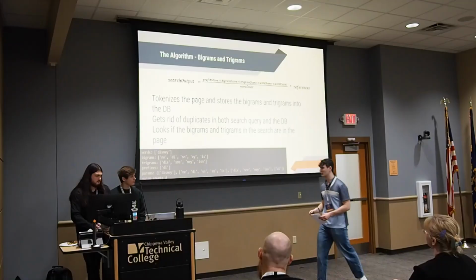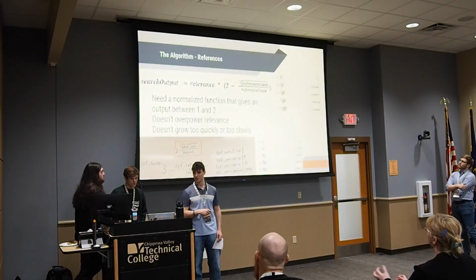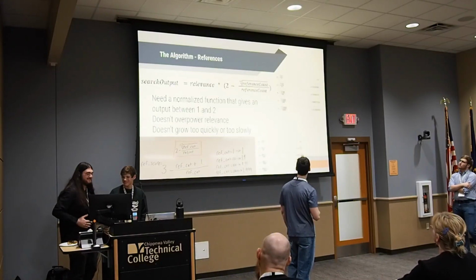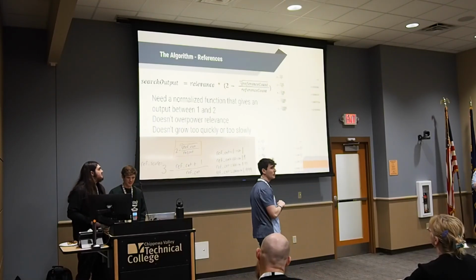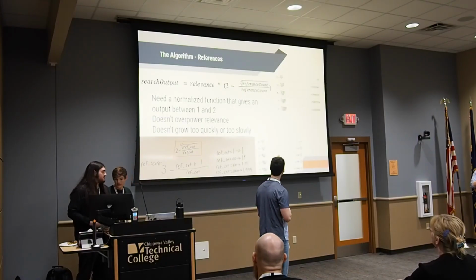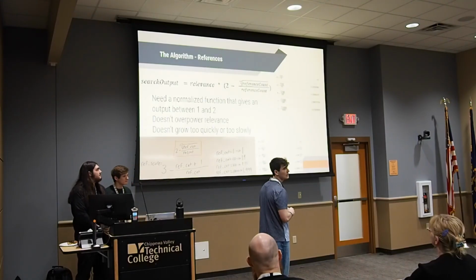Could you go to the next slide? So the way that this one normalizes is, again, we have reference count. This one normalizes a little bit differently. Basically, we're taking, let's just pretend it is a square root.